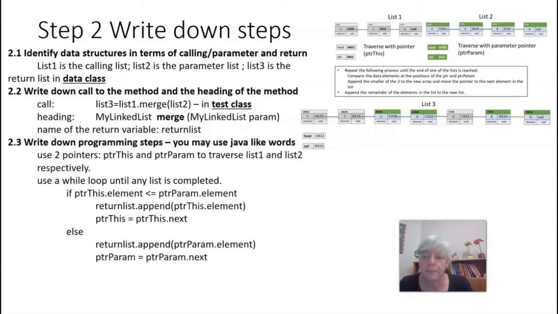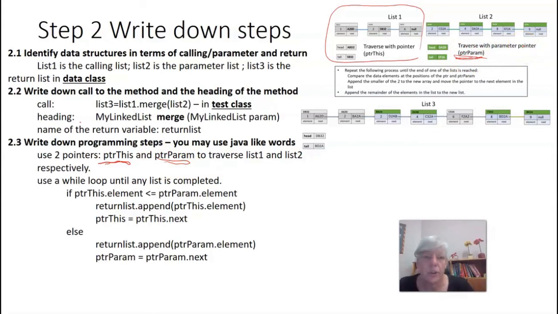Now, what are the steps we are using? We are using 2 pointers. A pointer which we call pointer this, and that's going to run in the calling list. We also have a pointer parameter, and that's the one that's going to traverse the parameter list.